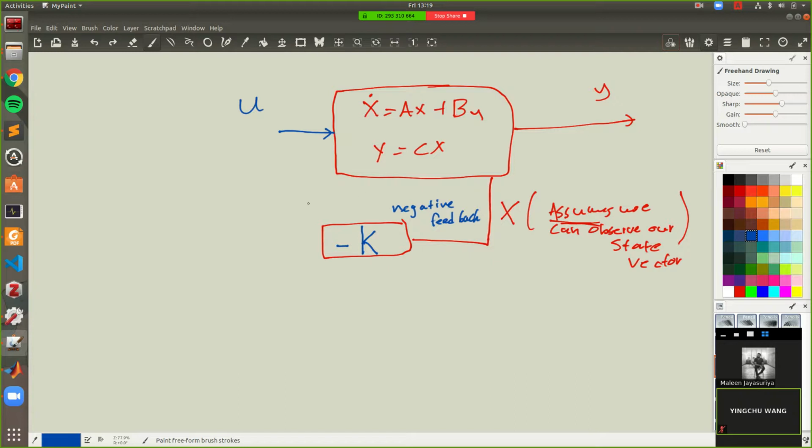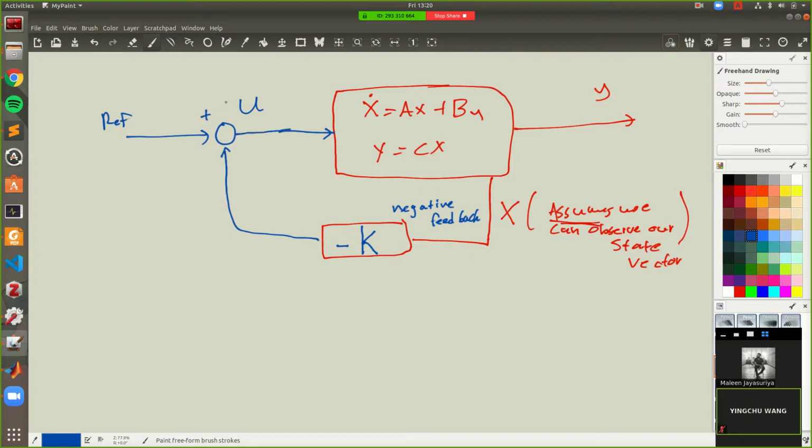If you don't look at the negative feedback part, this is what the system usually looks like. So how we apply negative feedback is we sample the state like this, and we add our reference signal and we add this into the system.